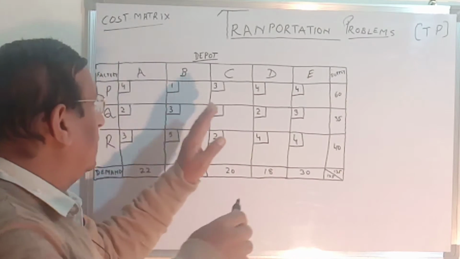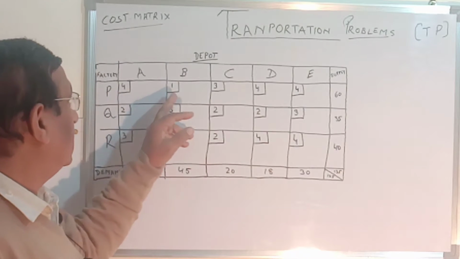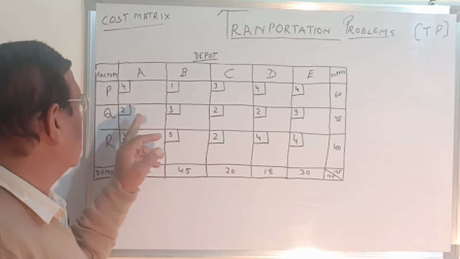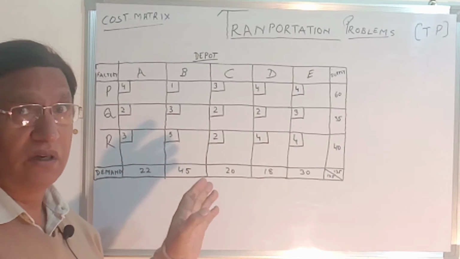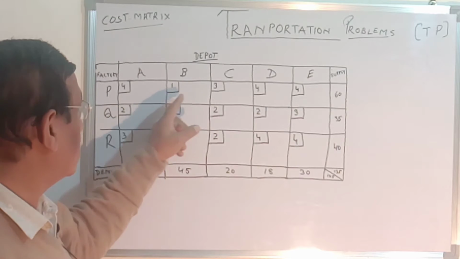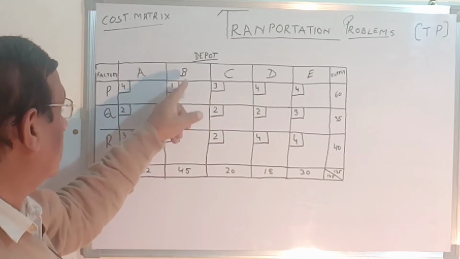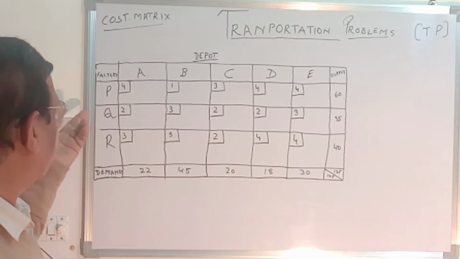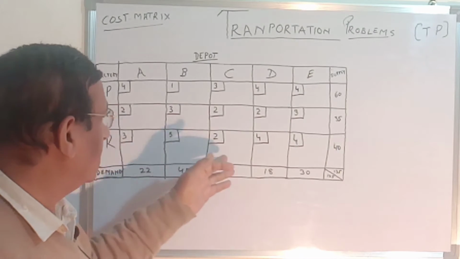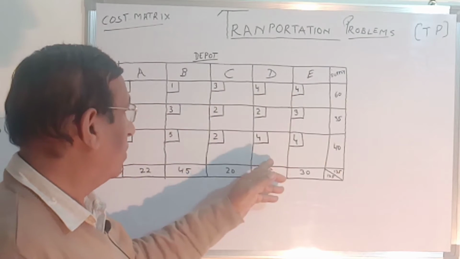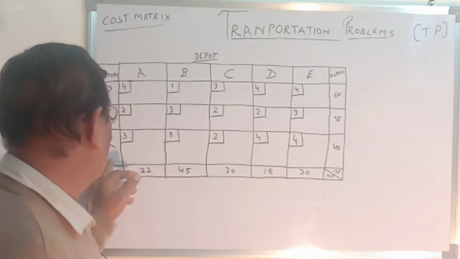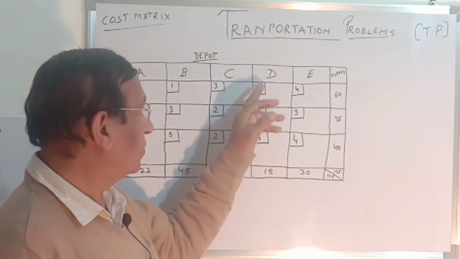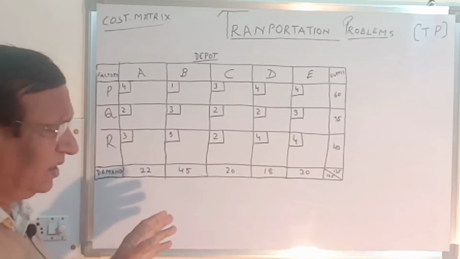So, these figures put in the squares are known as the cost elements. This is first row, second row, third row, first column, second column, third column. Say, for example, R is third row, D is fourth column, so this is the cost of third row, fourth column. That is very easy to understand.